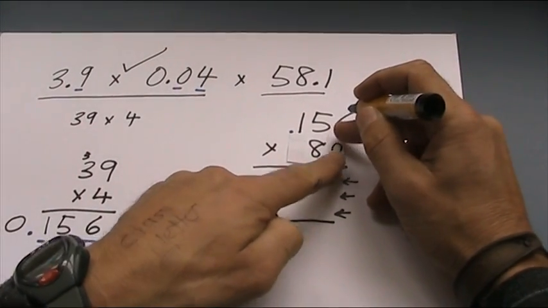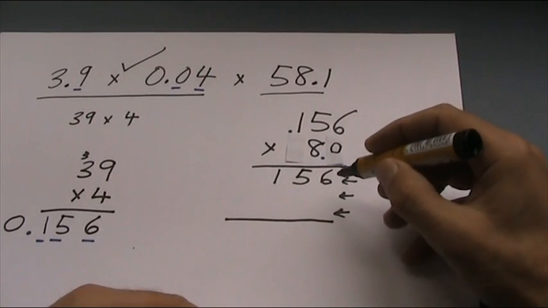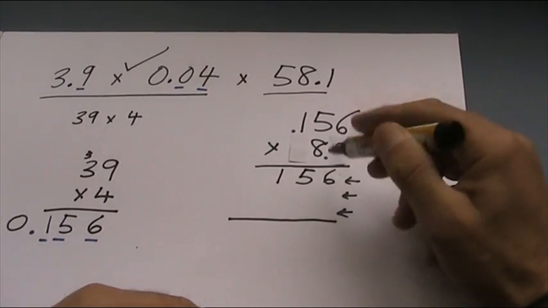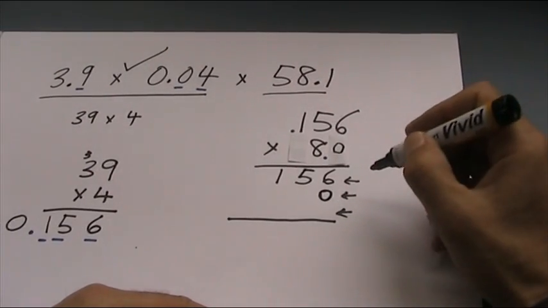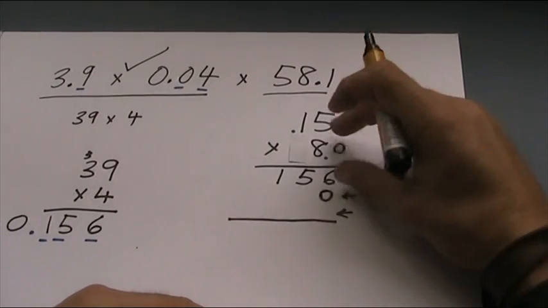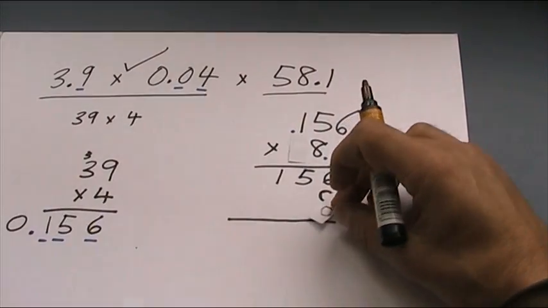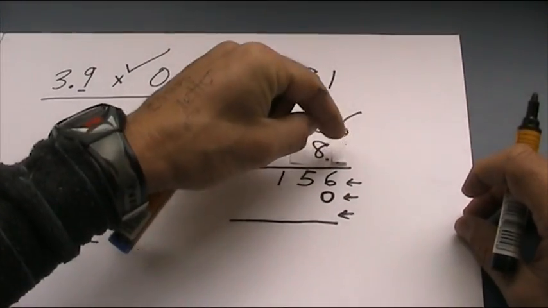And if you times something by 8 when it's really 80, you need to put the 0 down there. Okay, so let's just flick that over and let's go.